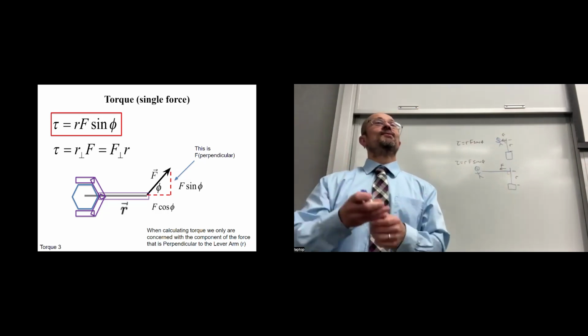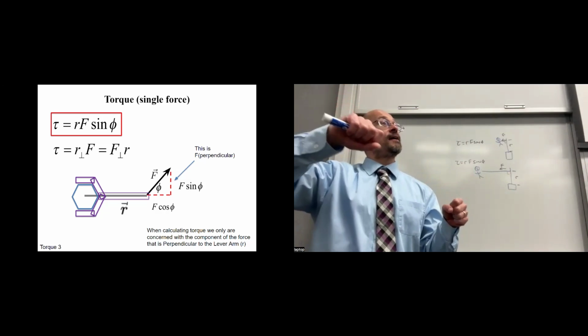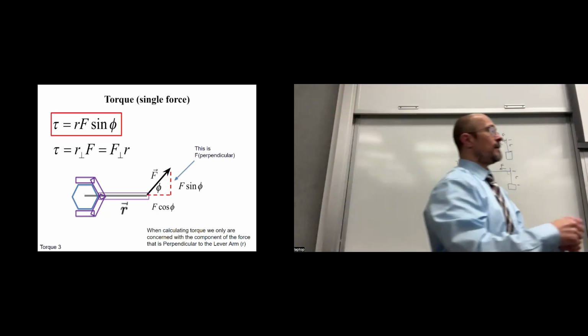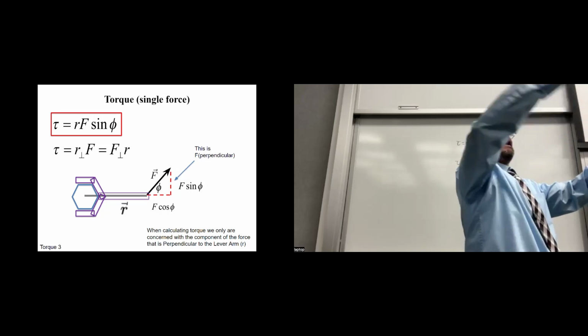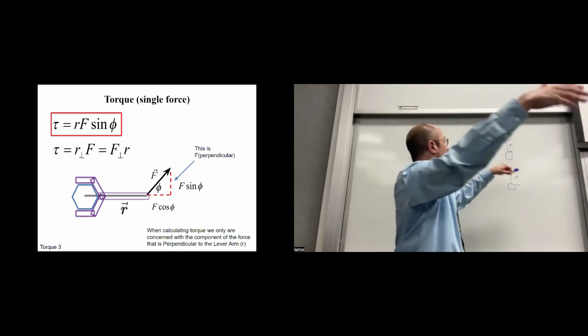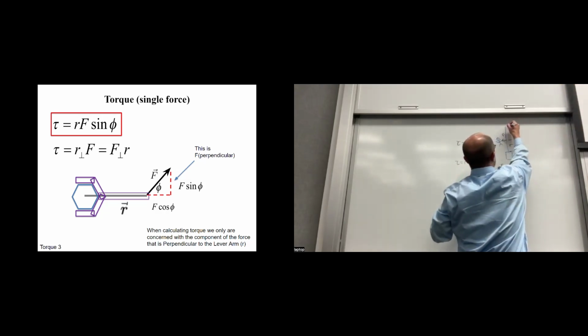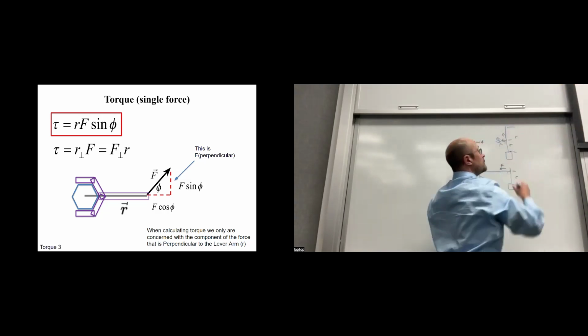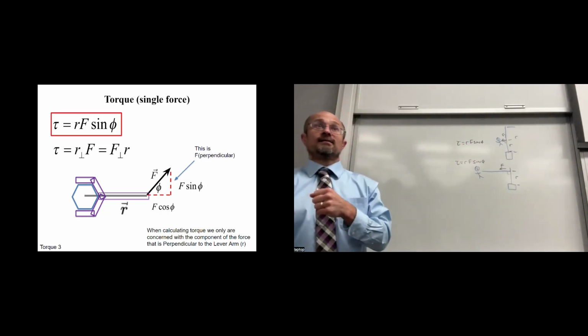So what you can do is put what's called a breaker bar over the tire iron. A breaker bar is a tube that goes over the tire iron and extends the radius. That gives you a larger radius. By extending up to here, you've made R bigger, you generate more torque, and then you can loosen up those lug nuts.